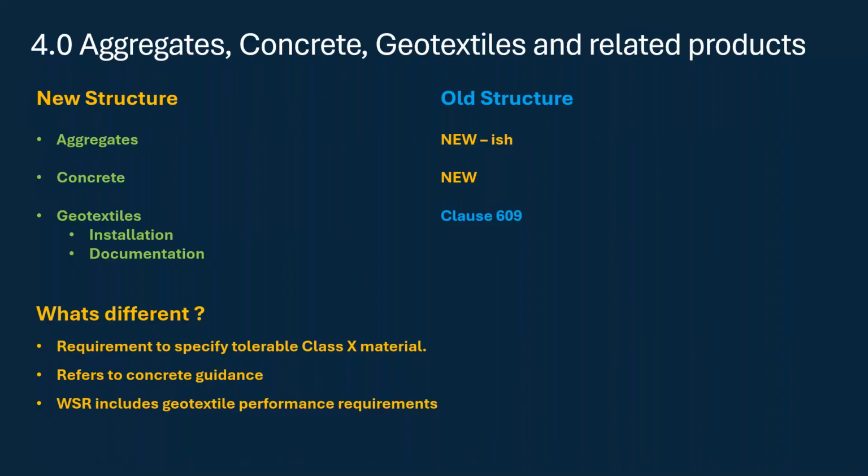There's cross-referencing to the concrete guidance elsewhere within the wider suite of documents, and the work-specific requirements also specify greater detail in respect of your geotextiles, in terms of geometry, physical qualities, tensile strength, and so on. You have to put that in there. Again, you might cover those under an ECPD instead. That's an option.